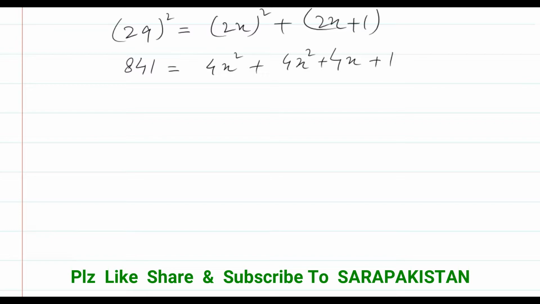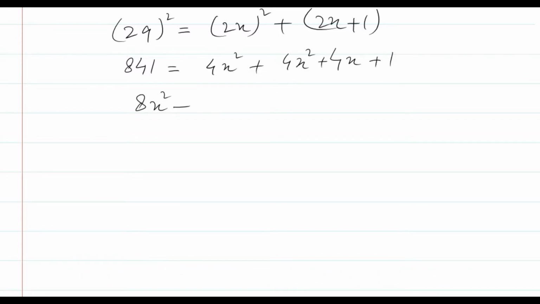This will become 8x square plus 4x minus 840 equal to 0.